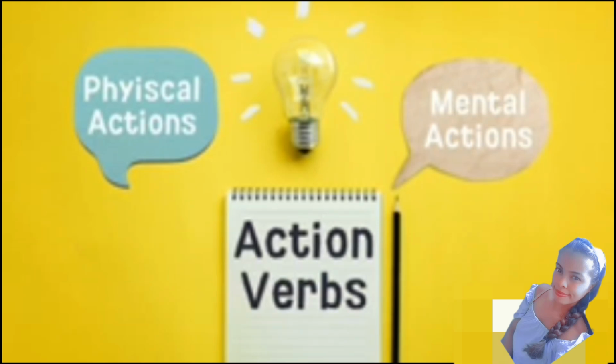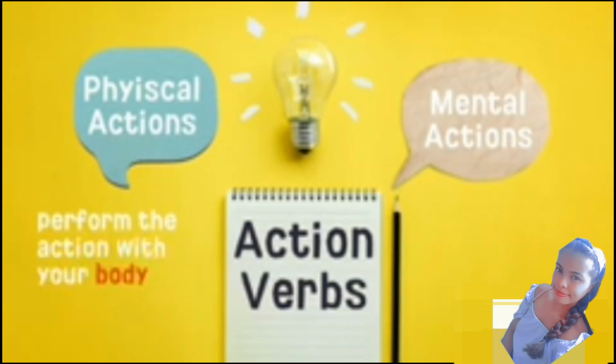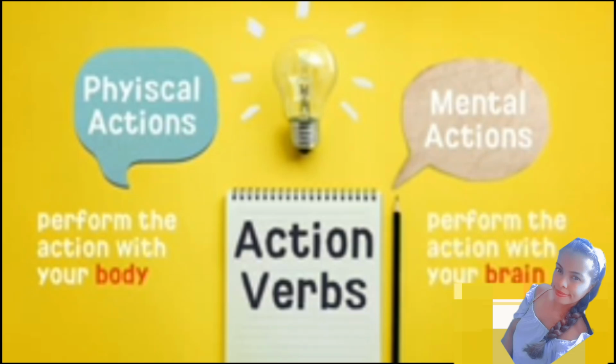Basically, if you perform the action with the body, it is a physical action verb, and if you perform the action with your brain, it is a mental action verb. So remember, an action verb is a verb that tells what the subject is doing mentally or physically.